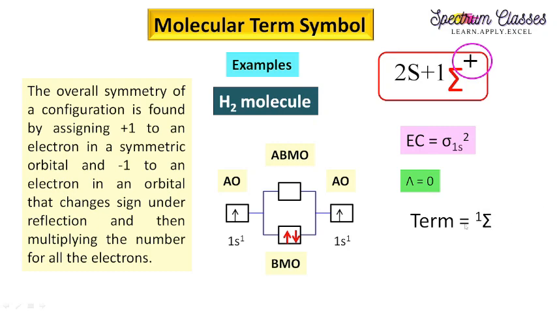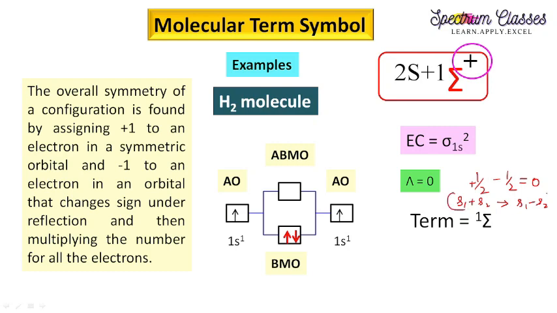What about this 1? 1 is the multiplicity, that is 2S plus 1. How does it come into existence? Here I am going to solve it for you. For electron number 1 it is plus half, and for electron number 2 it is minus half, and if we sum these two, we get 0. Right? So we have S1 plus S2 to S1 minus S2 including 0, with a difference of unity.